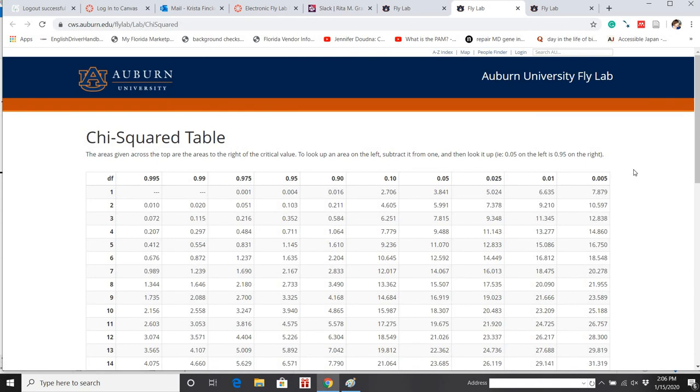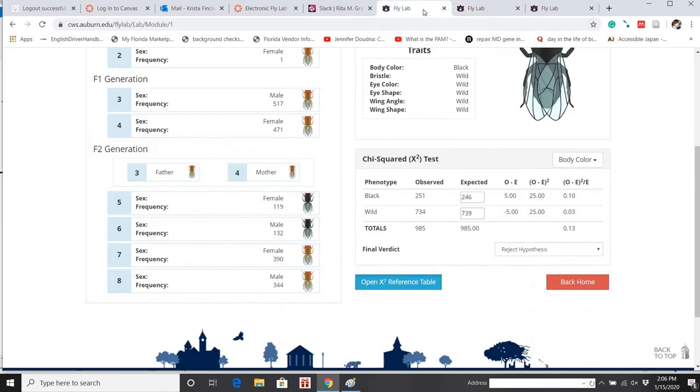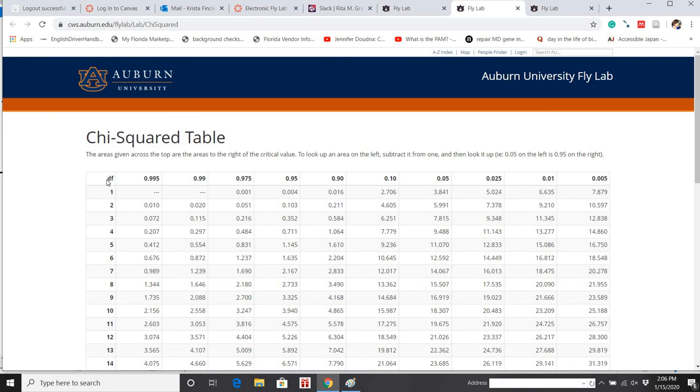Now, whenever you're doing a statistical test, usually 0.05 is the cutoff for your p-value. So when you do these, you're going to be looking at this column. But you have to figure out how many degrees of freedom you have. Degrees of freedom is just your number of categories minus 1. So we have 2 categories, black and wild, 2 minus 1, just 1 degree of freedom.